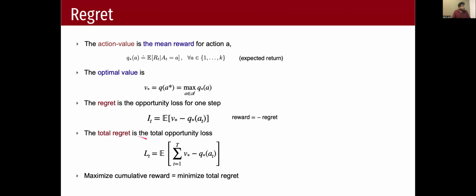This is the regret for one time step. So the total regret is the summation over all time steps, the best reward minus the Q star reward of the chosen action. This is my total regret.